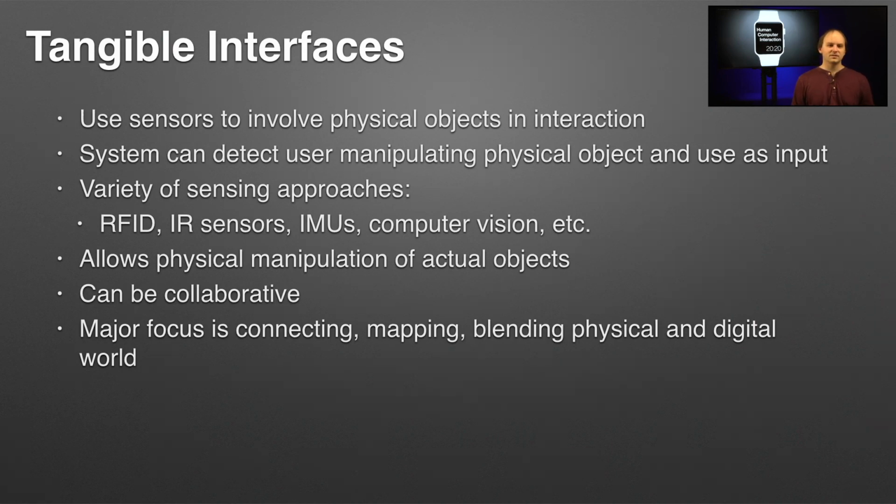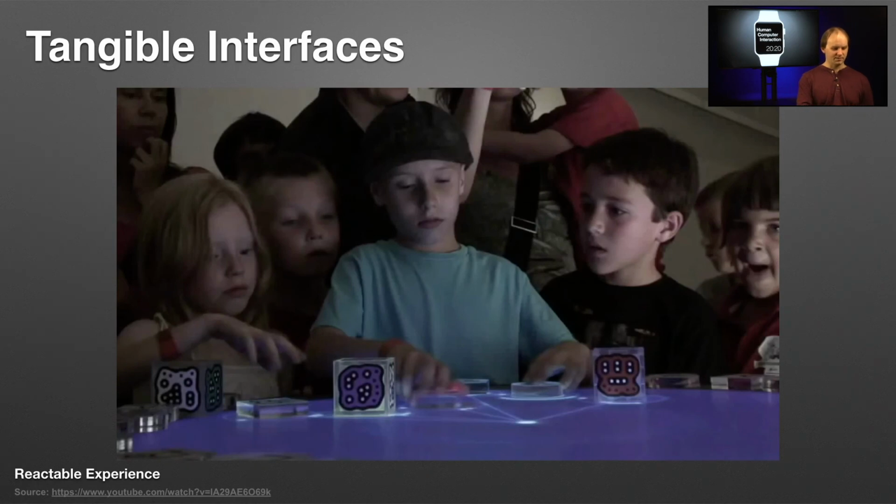So let's talk briefly about tangible interfaces. These are interfaces that use physical real-world objects in combination with a digital system to allow you to manipulate the physical thing, but also have that represented in the digital world. It's a blending of those two environments. So I'll show you an example of that.